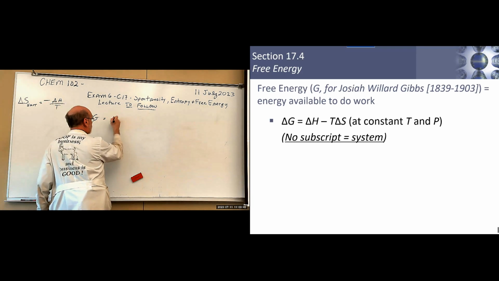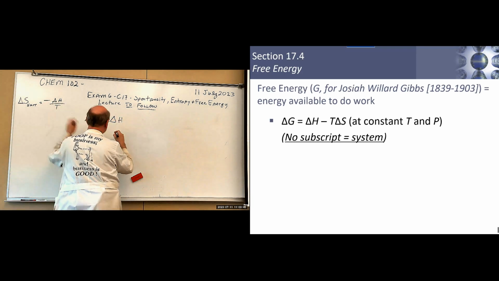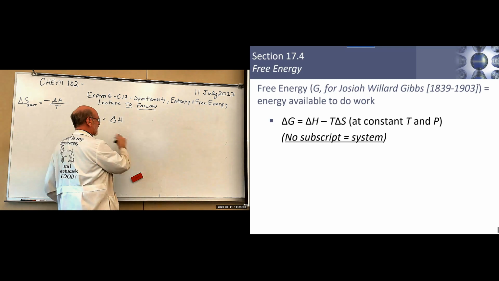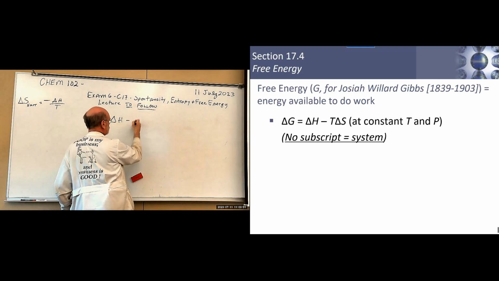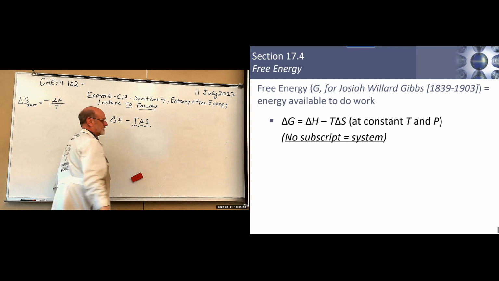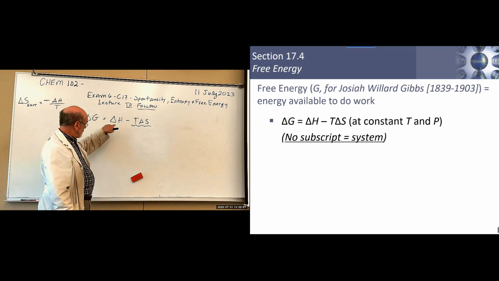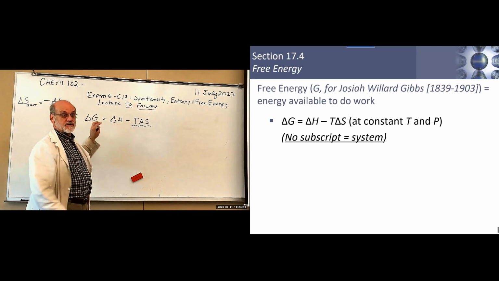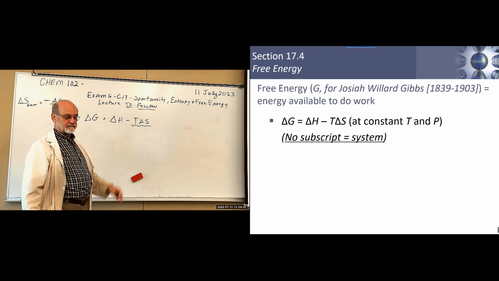Well, we've got the enthalpy. We know how much that is, but we have to steal some of that away. In every process, you lose that much. So you have to subtract that much to find out how much is available for useful work.